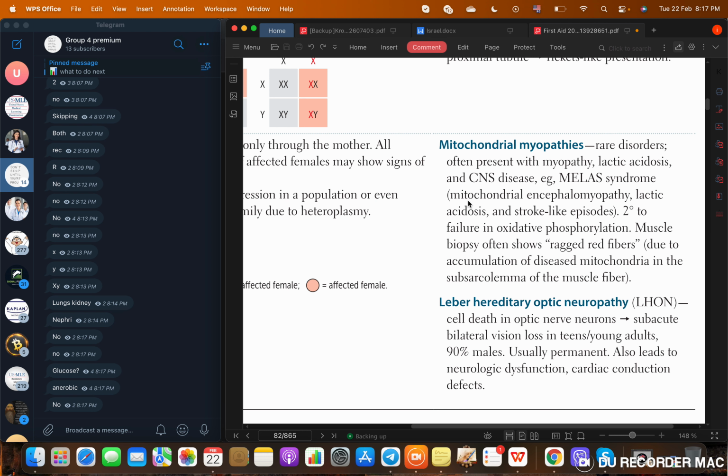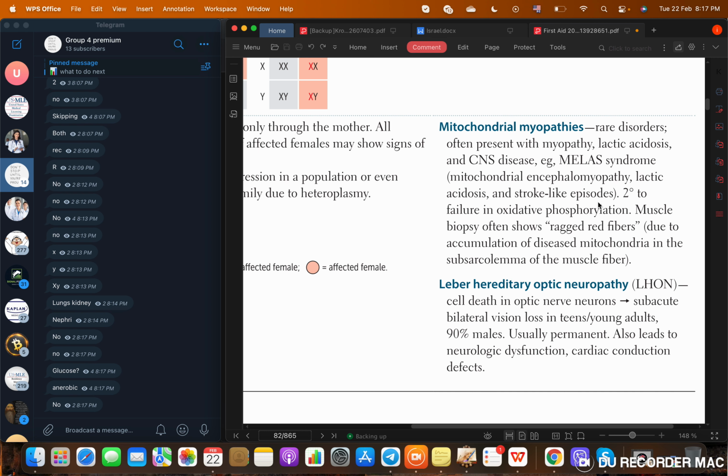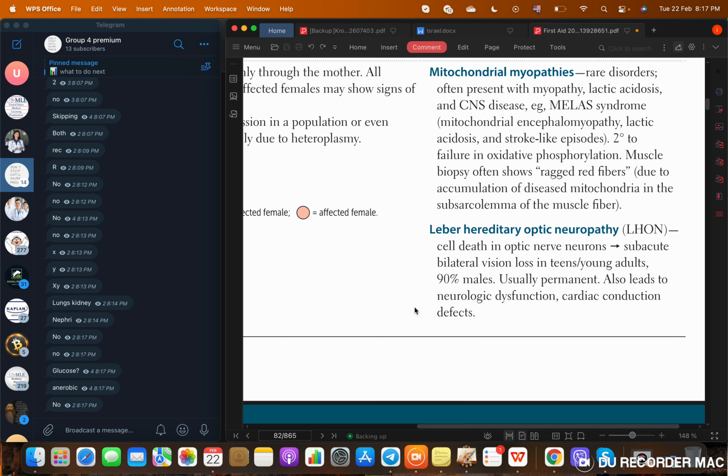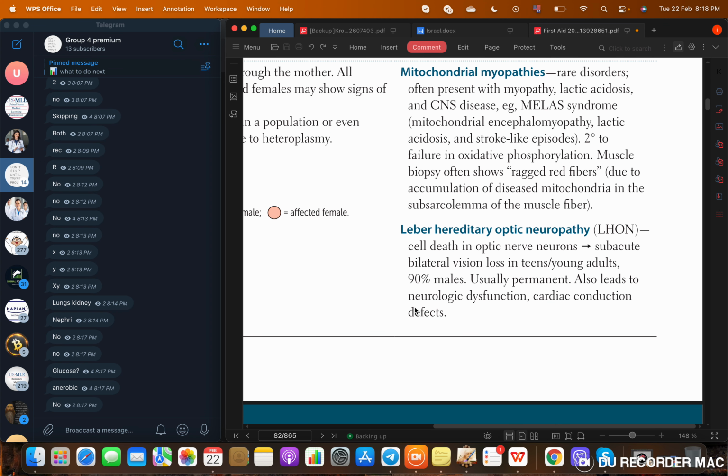Okay, MELAS syndromes, we get mitochondrial encephalopathy, lactic acidosis, and stroke-like episodes due to a failure of the oxidative phosphorylation inside of the mitochondria, which is the process that makes us the ATP. Muscle biopsy will often show something known as the ragged red fibers due to accumulation of diseased mitochondria in the subsarcolemma of the muscle fibers.